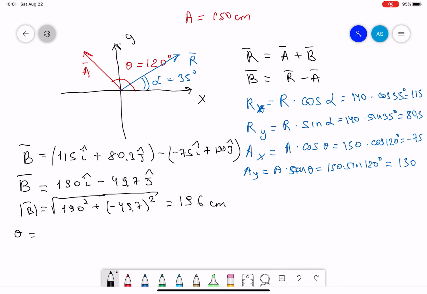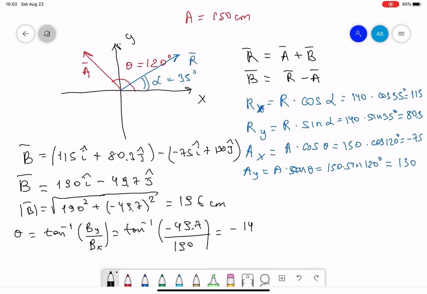Theta is equal to the inverse tangent of By divided by Bx. By in our case is equal to minus 49.7 and Bx is equal to 190. If you do the calculation, you will find that your theta is equal to minus 14.7 degrees.